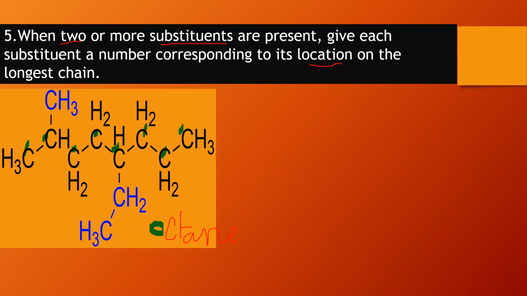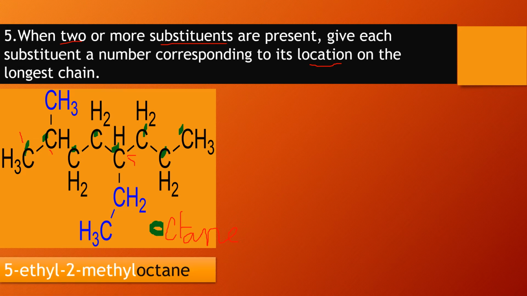Then we will start counting the carbons from where we give the lowest number to the substituent. So you can count from here 1, 2 and 3, 4, 5. So methyl is present at the 2 position and the ethyl is present at the 5th position.